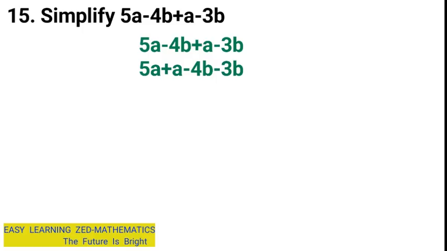Now 5a plus a will give me 6a, then negative 4b minus 3b will give me negative 7b. So this was the answer: to simplify 5a minus 4b plus a minus 3b gives us 6a minus 7b. Okay, let's go to the next question.